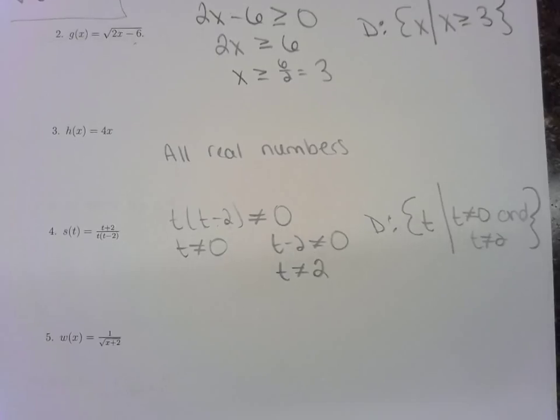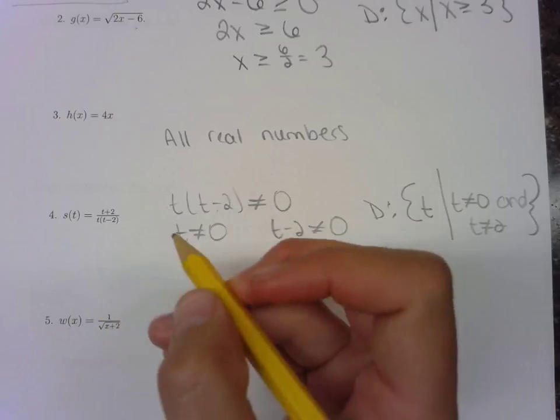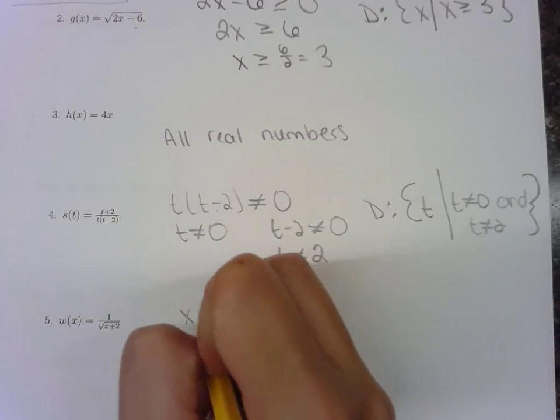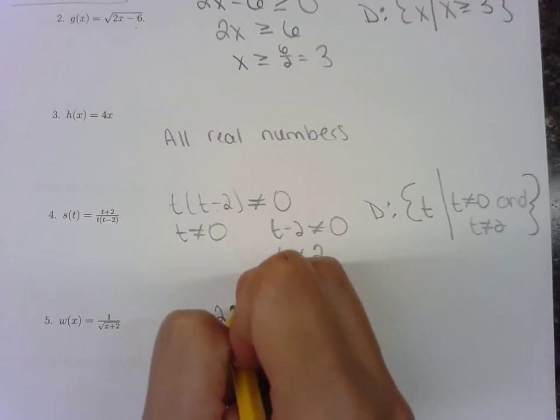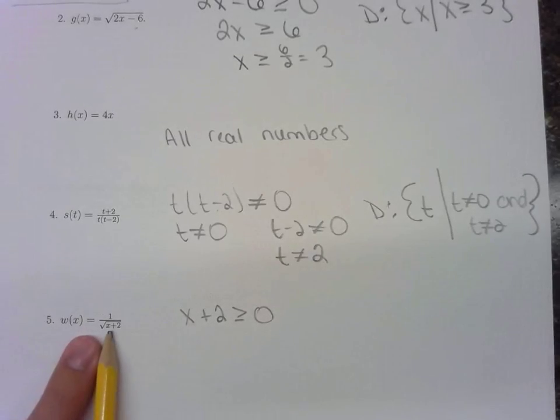Number 5, we have w of x equals 1 over the square root of x plus 2. We have a fraction. We also have an even root, that's a square root. So let's start with the even root rule. Whatever is underneath the root has to be greater than or equal to 0. But if this were 0, square root of 0, that means we would have 0 in the denominator.